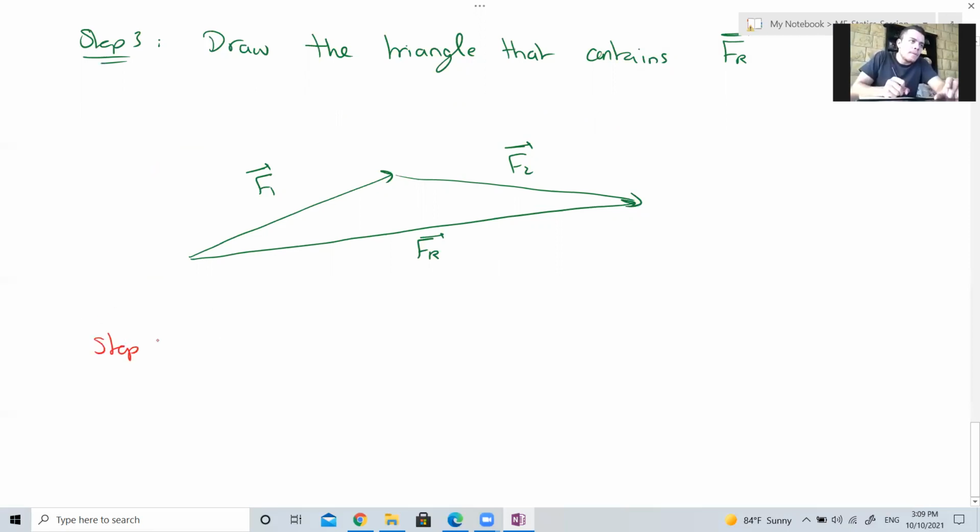So step 4, the direction: use the triangle.